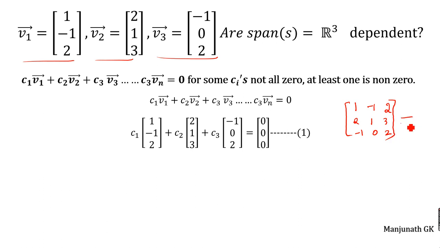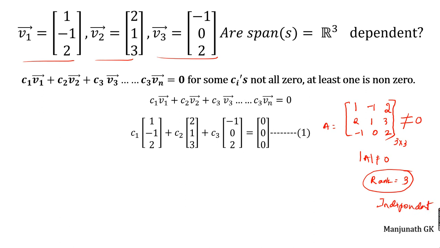Obviously, after calculation, the determinant of A will not be equal to 0. It gives the rank of the matrix as its order. Order is 3 cross 3, then the rank of the matrix is also 3. If this is the case, they are independent.